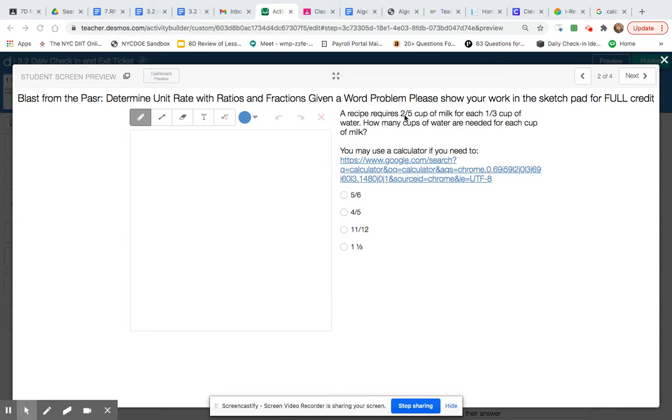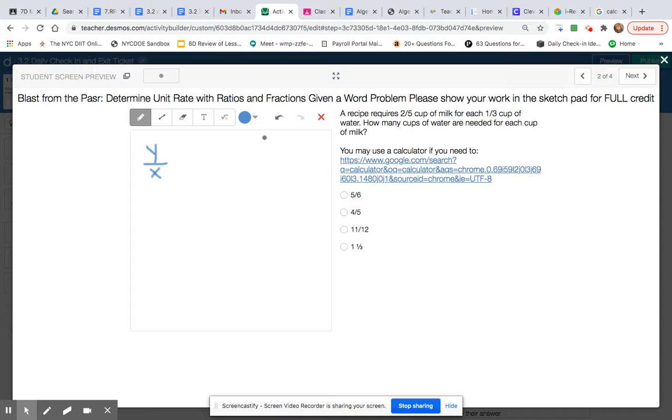Notice even though 2/5 cup of milk is mentioned first in the problem, remember when we're doing the unit rate, it's always the y value divided by the x value, so it's always going to be the y over the x.